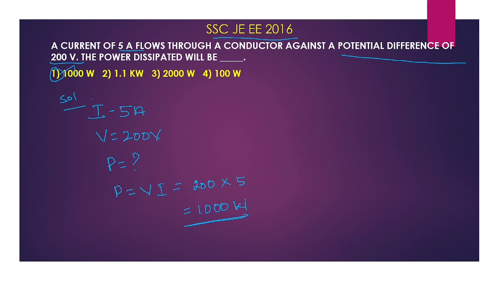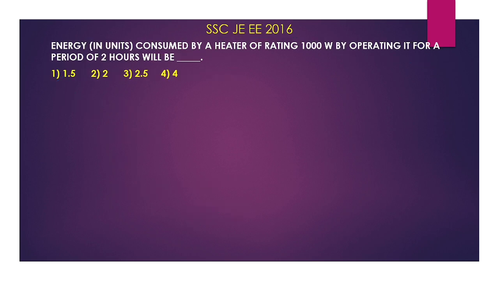Now we solve the second problem. Energy consumed by a heater of rating 1000 watts by operating it for a period of 2 hours will be dash. See, there is one heater, it is consuming 1000 watts per 1 hour.